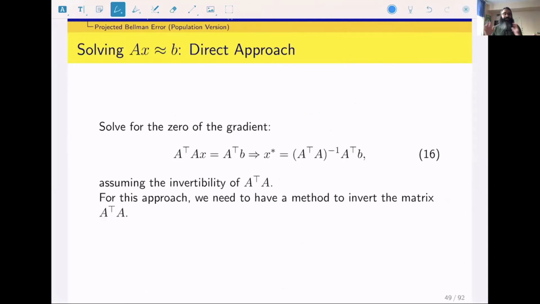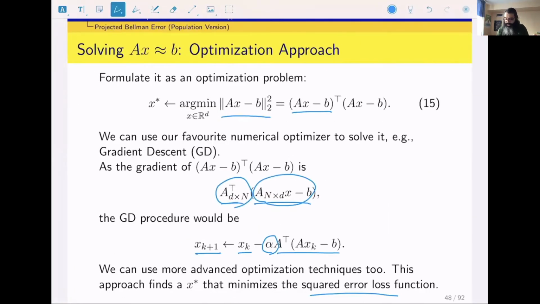Another approach is to directly solve it, somehow taking the inverse of a matrix. So we had Ax equal to b. Okay, sorry, this was the gradient. If the gradient is equal to 0, then this would be the minimizer.